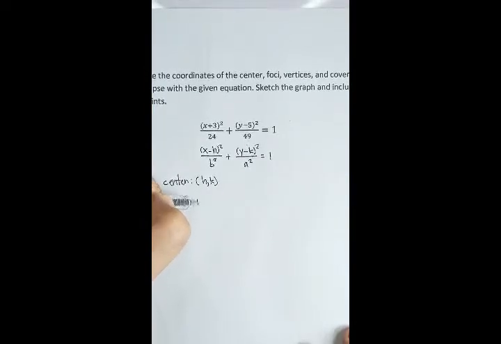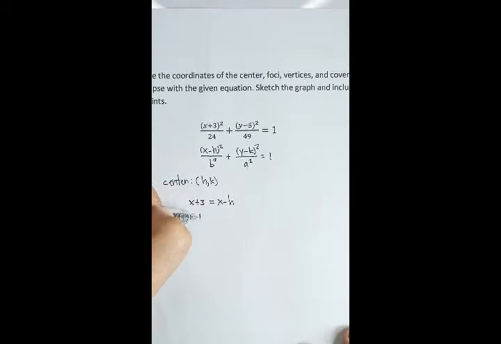So x plus 3 is equal to x minus h. So x plus 3 is equal to x minus h. Then we transpose the x to the left side of the equation, so positive x becomes negative x.